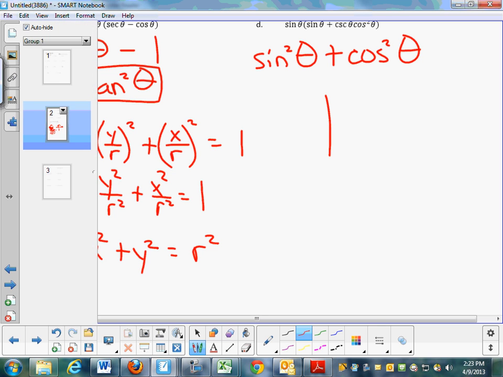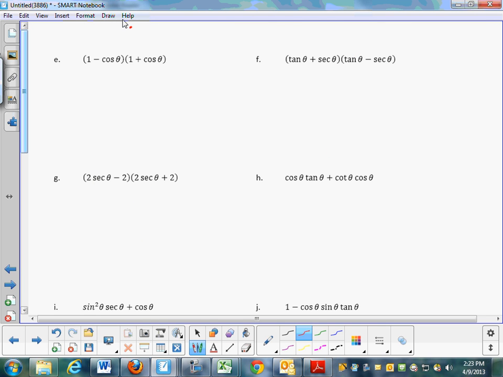All right. E, what do you want to do? Yep. FOIL it. 1 times 1. 1 times cosine. Cosine of theta. Negative cosine times 1. Negative cosine theta.